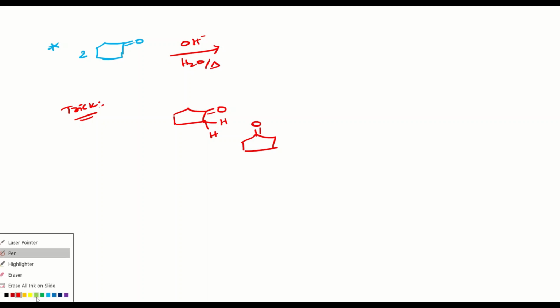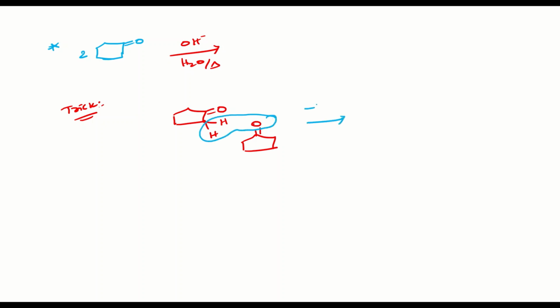So I'll remove a water molecule, minus water, and I'll get C double bond O directly, and here a double bond, and I'm going to make something like this. So this is again an alpha, beta unsaturated carbonyl compound.